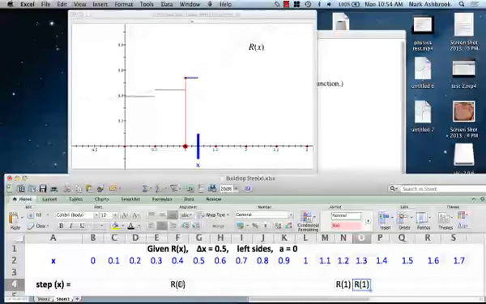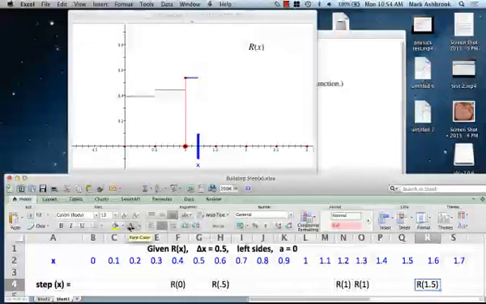Step of 0.6. R of 0.5. Step of 1.6, or 1.5. So the value of step is 1.5? It's R of 1.5, yeah.